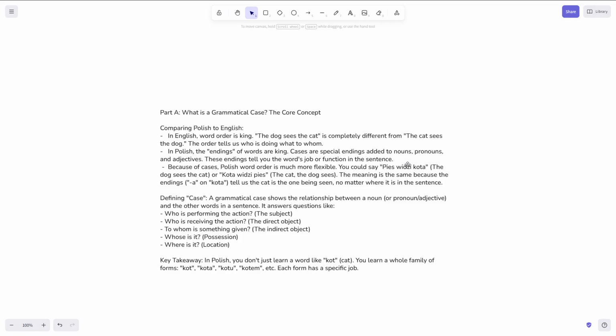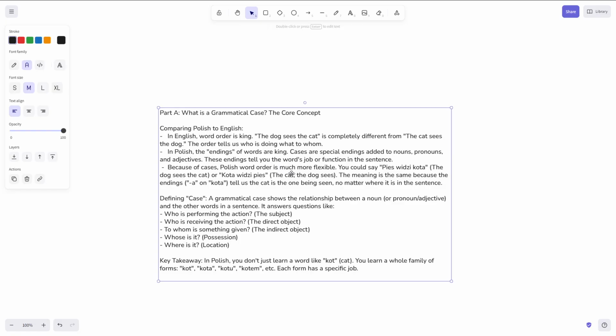You can say pies widzi kota, but you can also switch the nouns around and say kota widzi pies. So you could assume from English, again, that because kota is first, it should be that the cat sees the dog, but it's actually not the case. The meaning stays exactly the same.